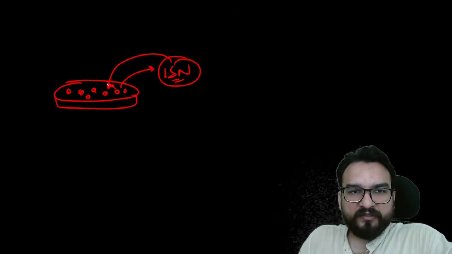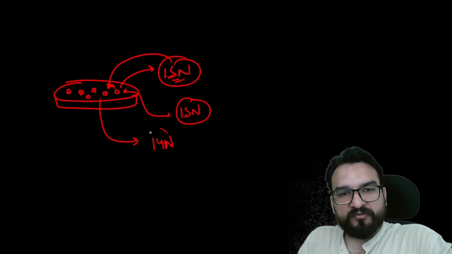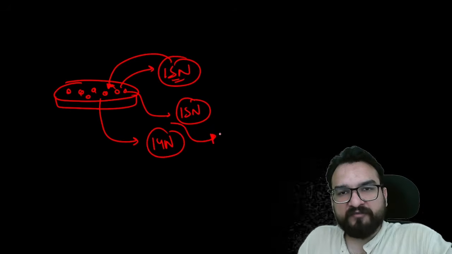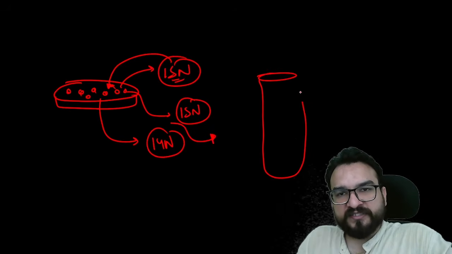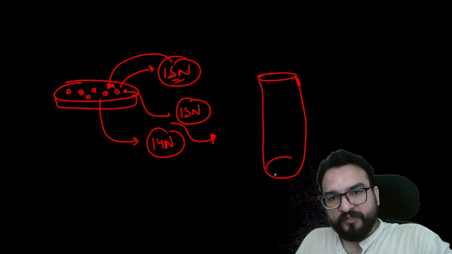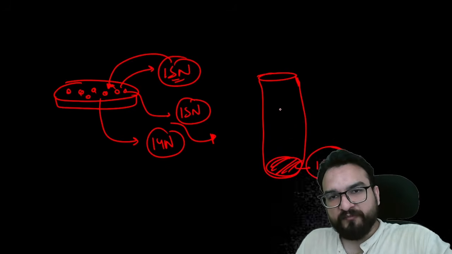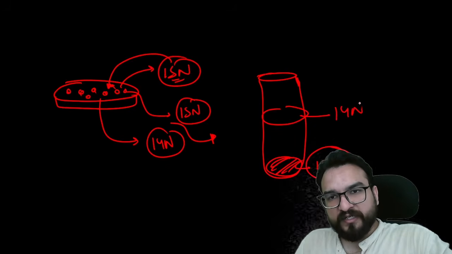Now what we did is treat them with 15 nitrogen. Because of that, the heavy isotope will come in their DNA, and in some E. coli there will be 14 nitrogen. So this is a mixture which has been created. I have to separate the mixture, so I will use this particular centrifugation technique. It will separate the heavier particles and the lighter ones, like this.